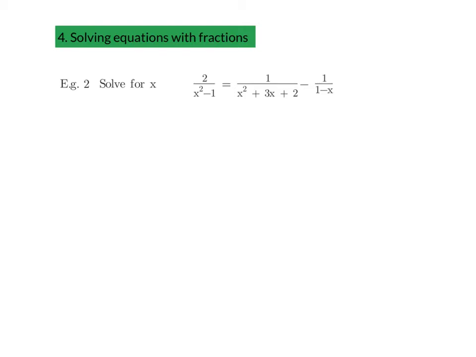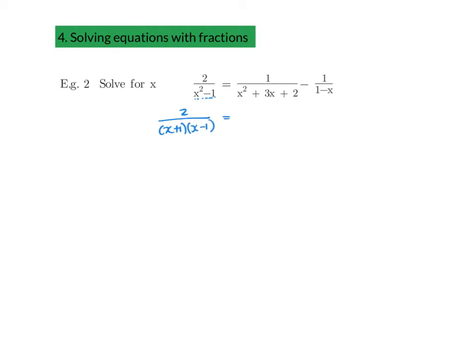In the next example, things look a little bit more complicated. Now to choose the lowest common denominator, it'll be best to first factorize each part so I can choose the factors that will work best. So let's start by factorizing. That's a difference of 2 squares in the first fraction, so I'm going to get x plus 1, x minus 1.